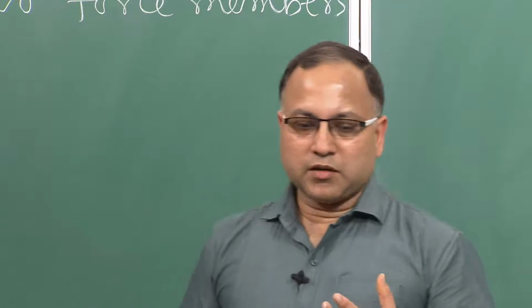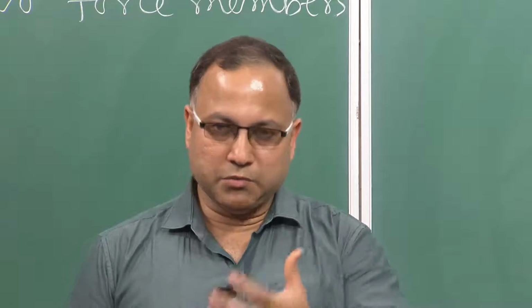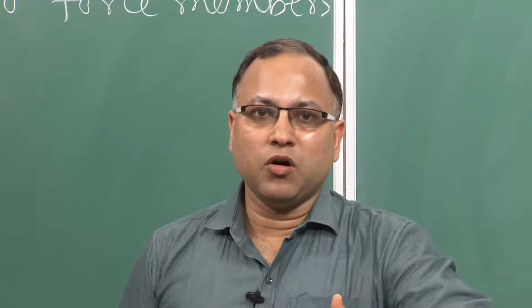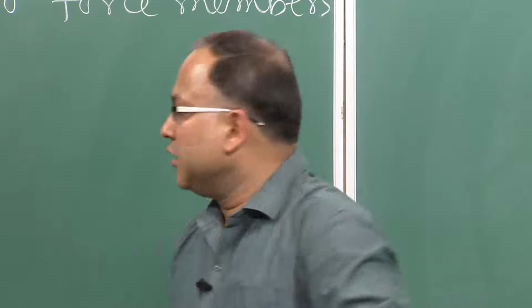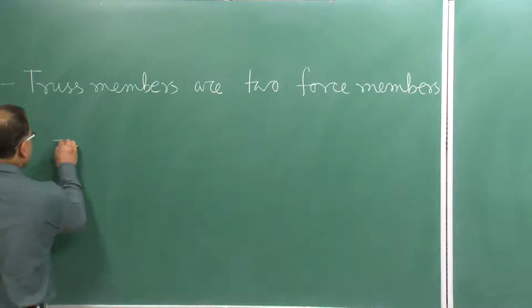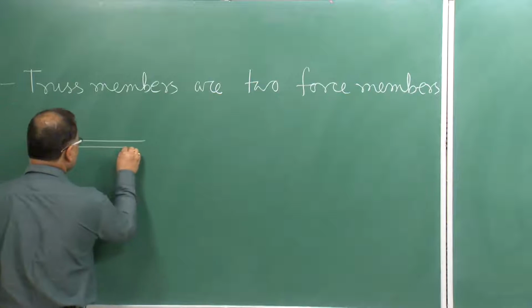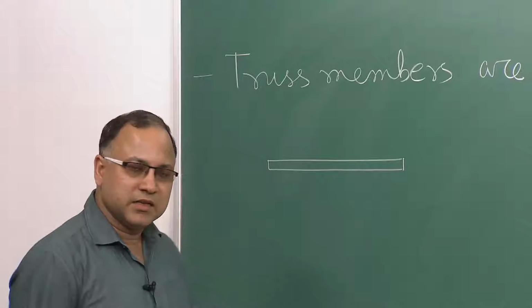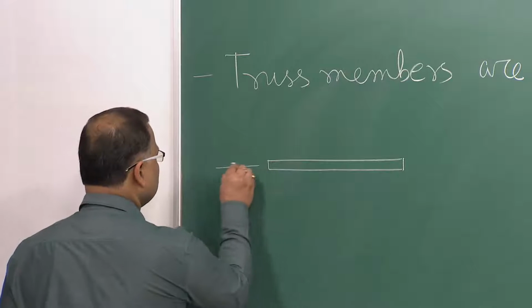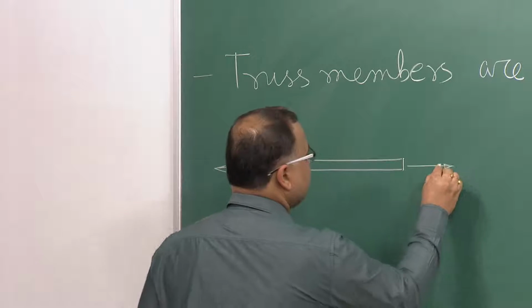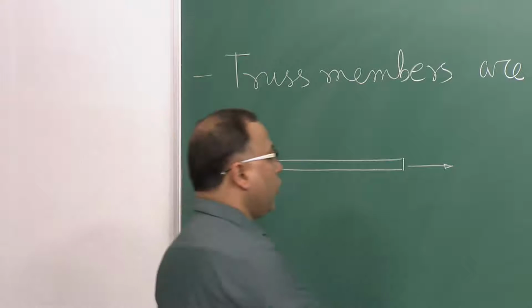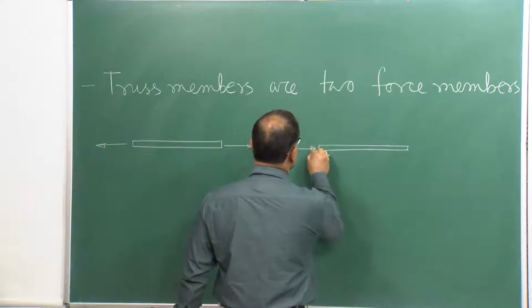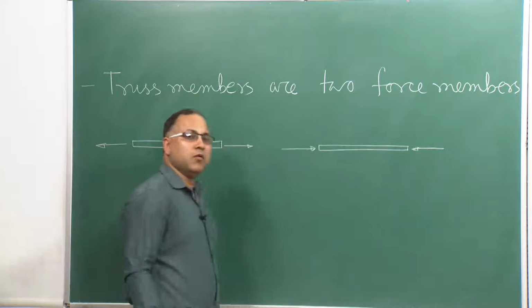When any member is a two force member, it could be either a tensile member or a compressive member. Say this is one truss member, as you generally see in real life. It could be a tensile member, carrying only tensile force, or a compressive member, carrying only compressive forces.